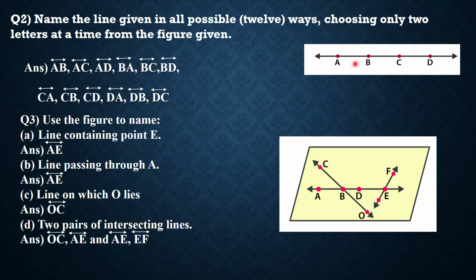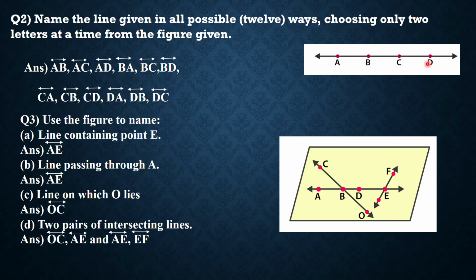Then go to point B. First you come back, line BA, then forward, line BC, line BD. Then come to point C, come back, line CA, line CB, line CD. And finally with D, line DA, line DB, line DC.